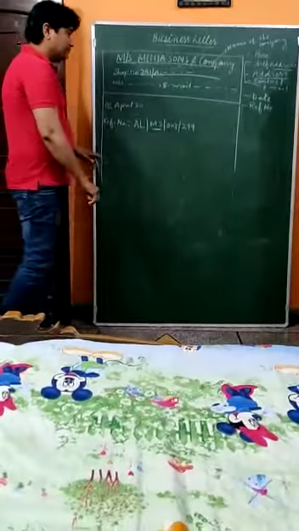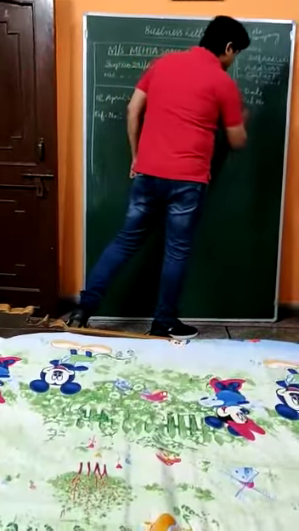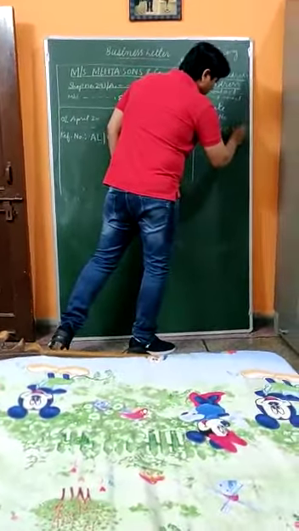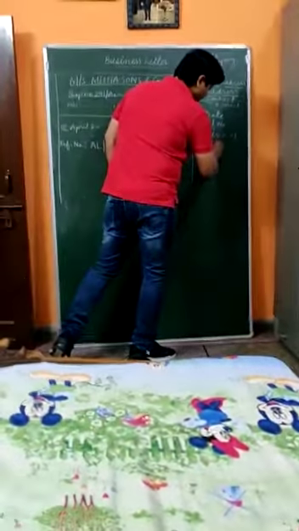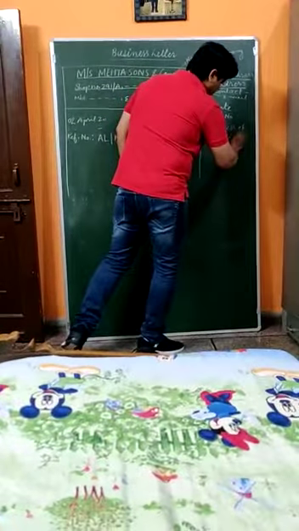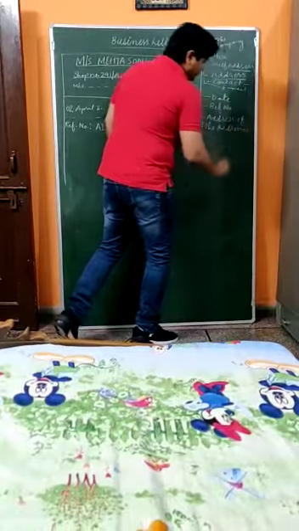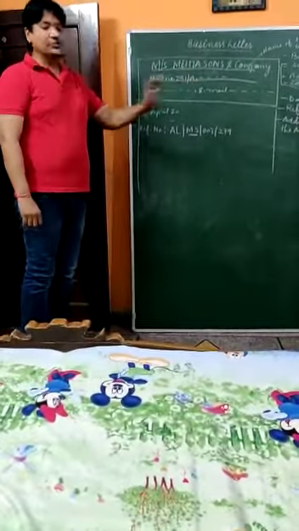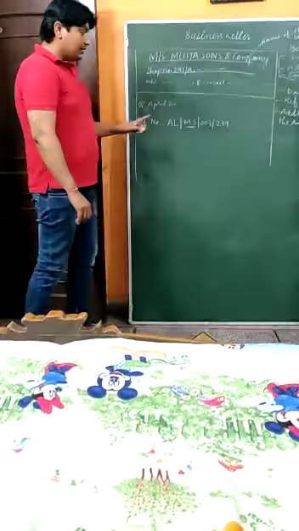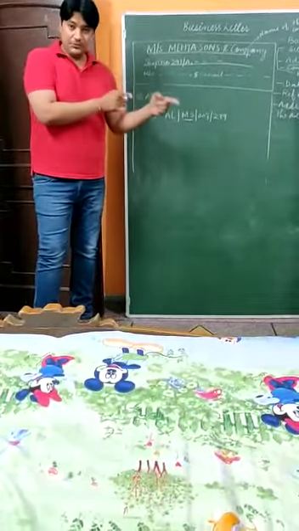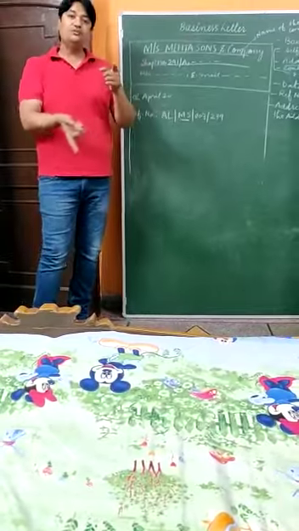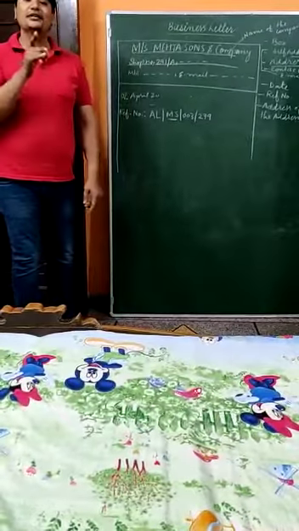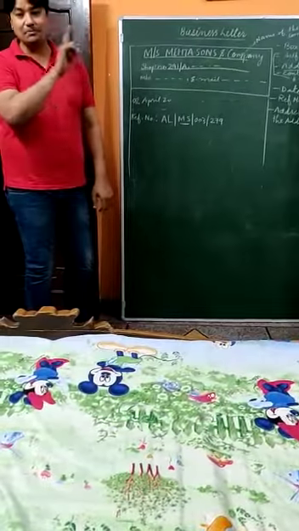Okay. Then address of the addressee. When you are writing address of the addressee, you can write directly to the company also, you can write to the manager of that particular company also, or you can write any concerned person of that particular company.